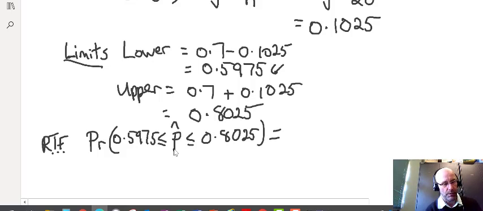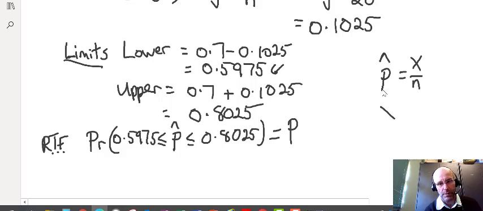Now we convert that into our X score, because from the previous work we did, p hat is the value X over n. So if we're trying to convert it into a score, we need to go p hat times n.